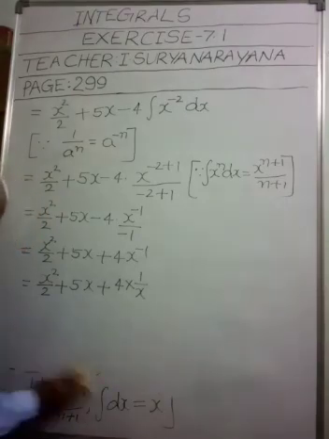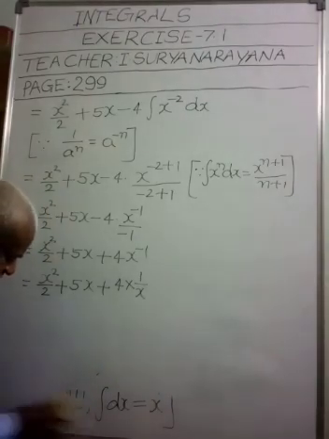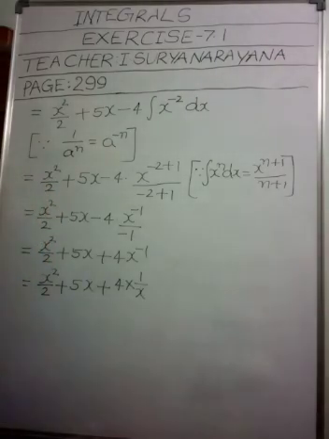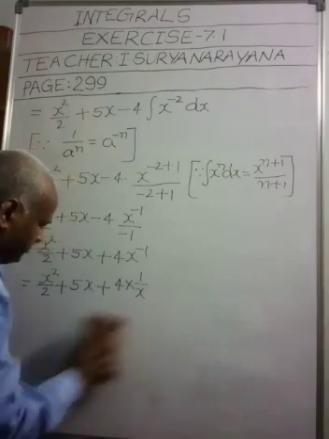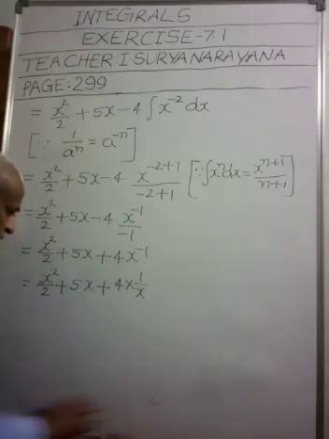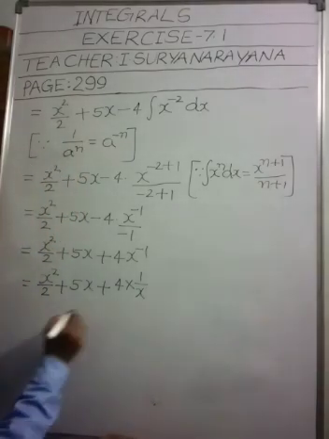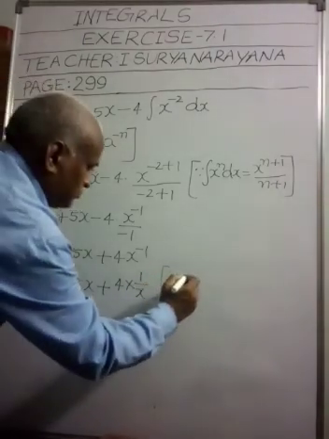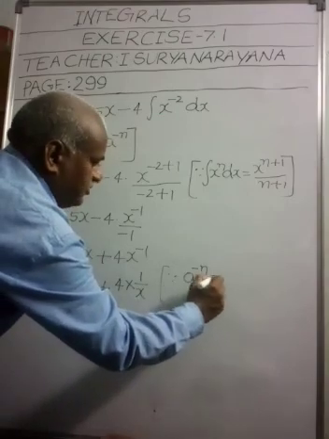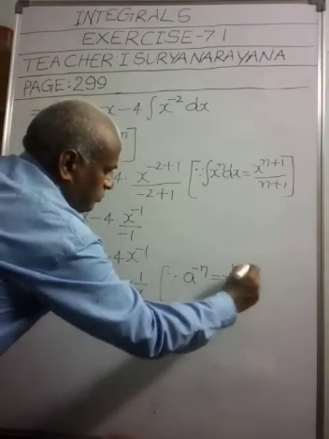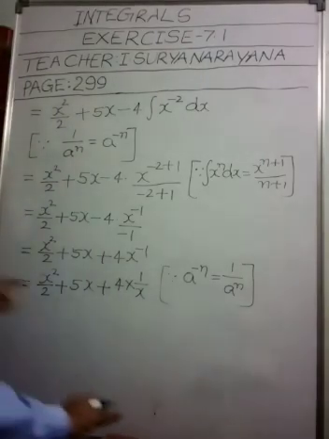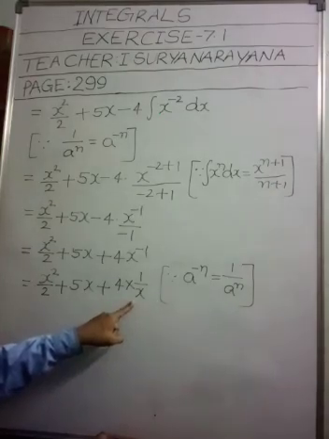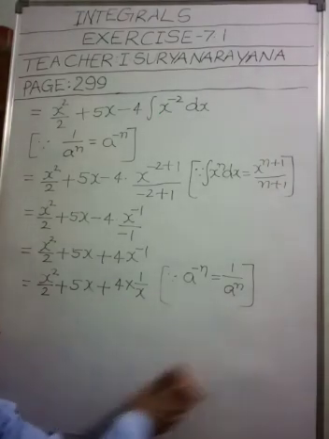We are using the laws of exponents. Okay, my children. So we are using those laws of exponents here for the last term. So we write first the formula, because a power minus n is equal to 1 by a power n. By using this laws of exponents, we wrote this last term like this. Understood the last term, children?